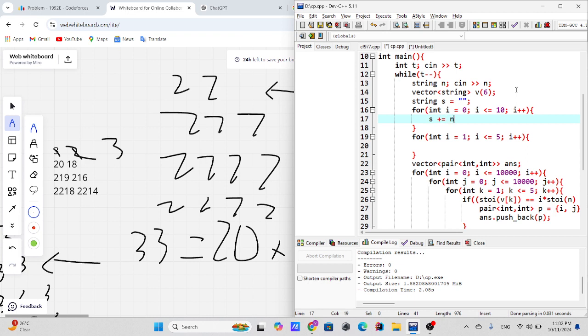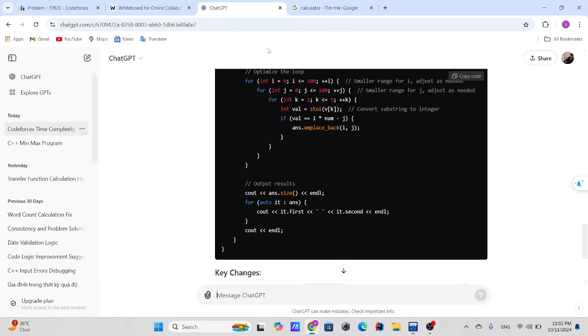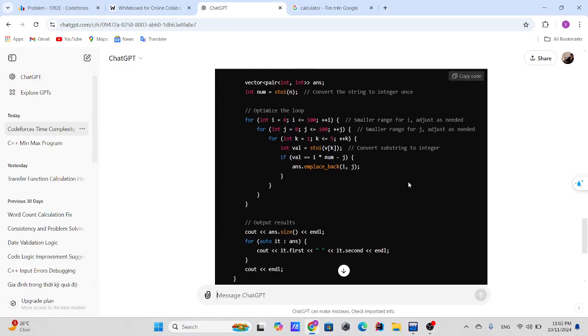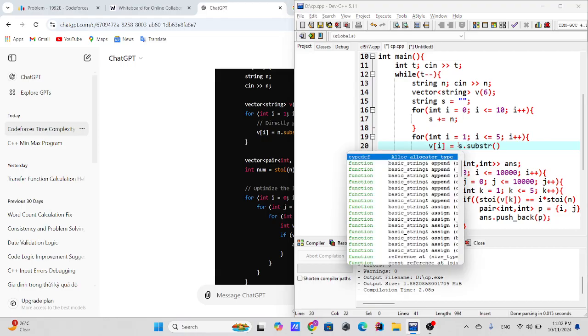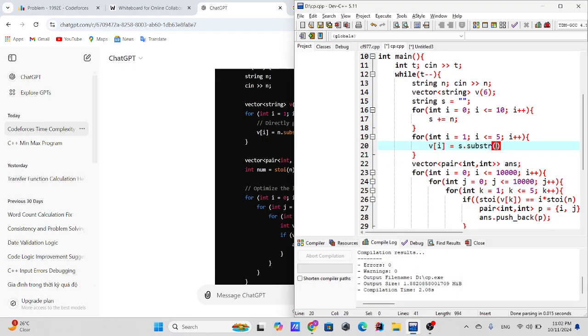And here, V y will be equal to substring of... how do you use substring? I forgot how to use substring. Yeah, s dot substring from 0 to y.